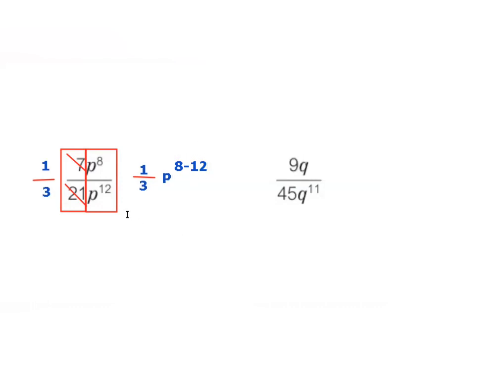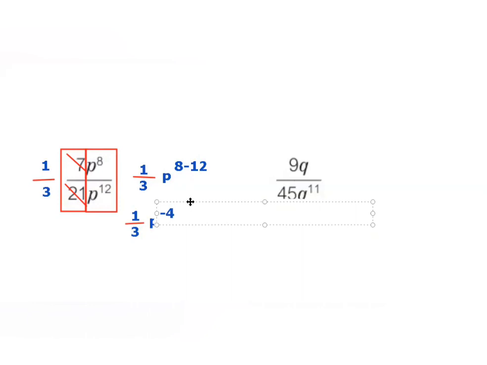And then we follow the same steps. So 1 over 3 as a fraction. And when you subtract 8 minus 12, we take the sign of the bigger number, which is 12, so the answer will be negative. And then 12 minus 8 will be 4.